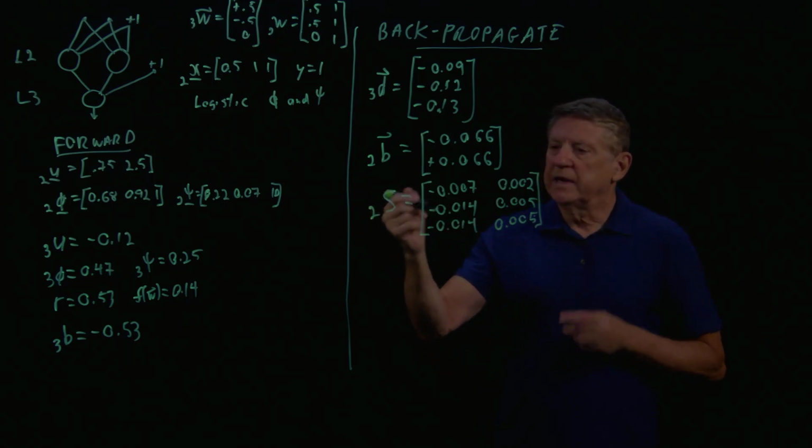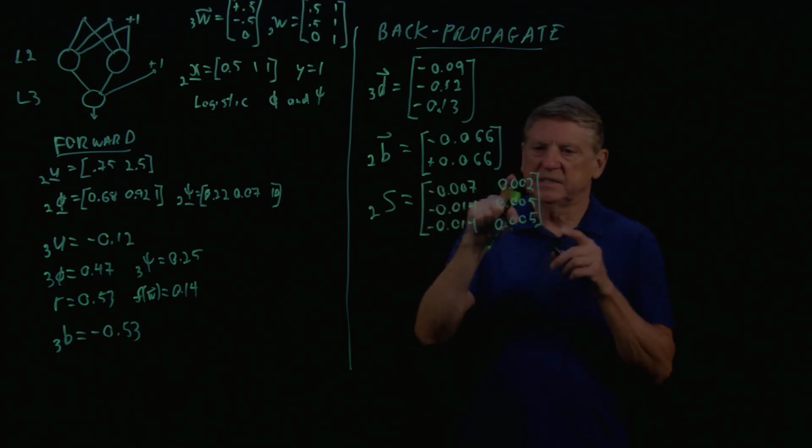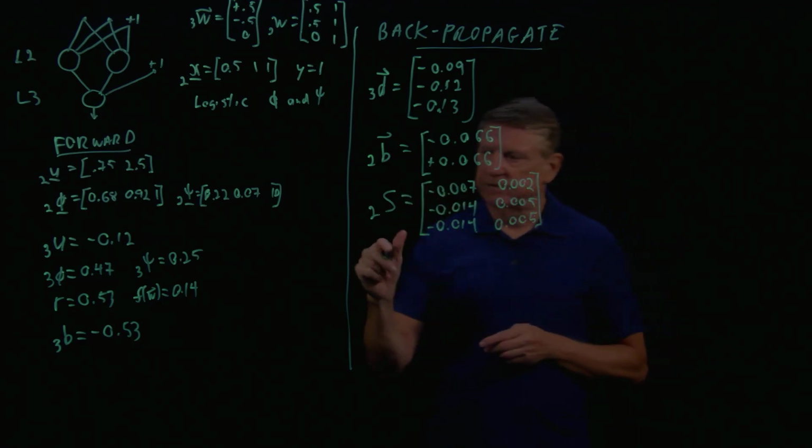And then when I vectorize this and rescale it, what that does is it takes this and puts it here and negates every entry.